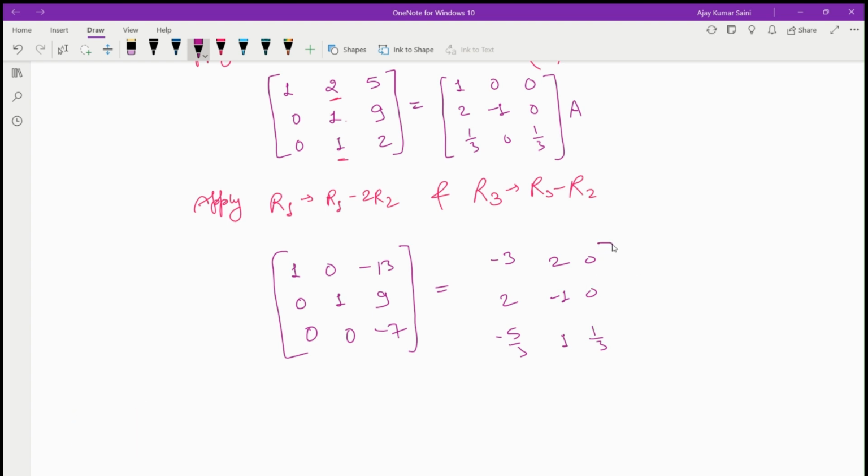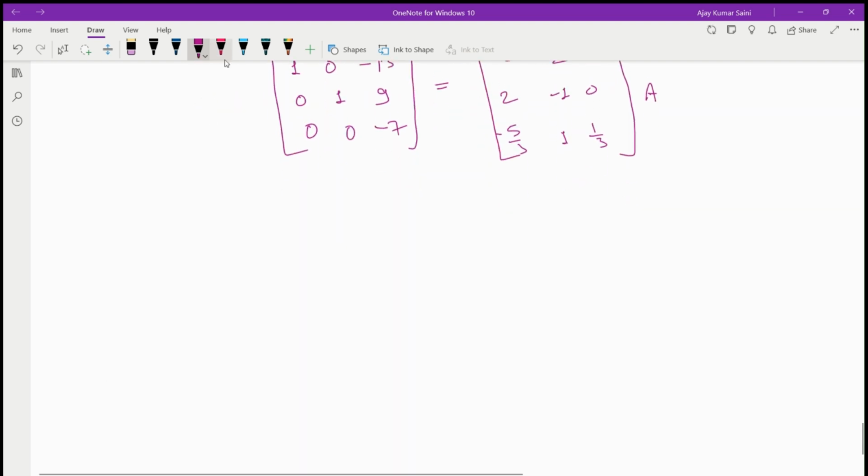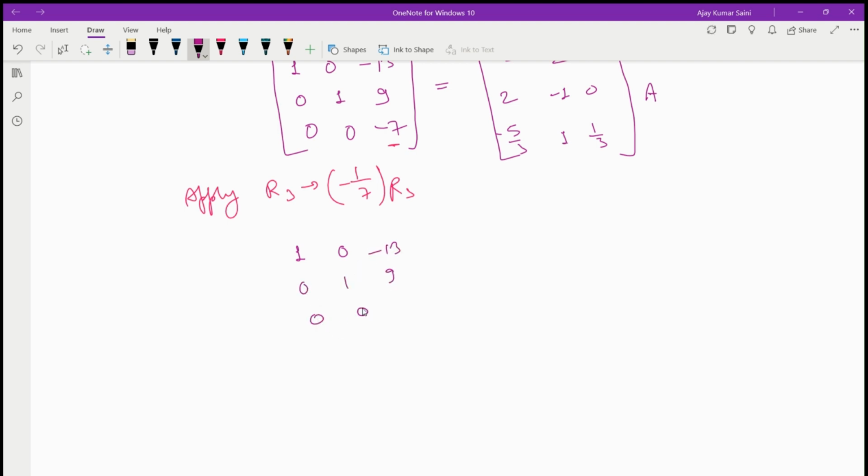Okay, so it is A. In the next step I apply R3 is minus 1 by 7, because I need to make it 1. So I get from here 1 0 minus 13, 0 1 9, 0 0 1.